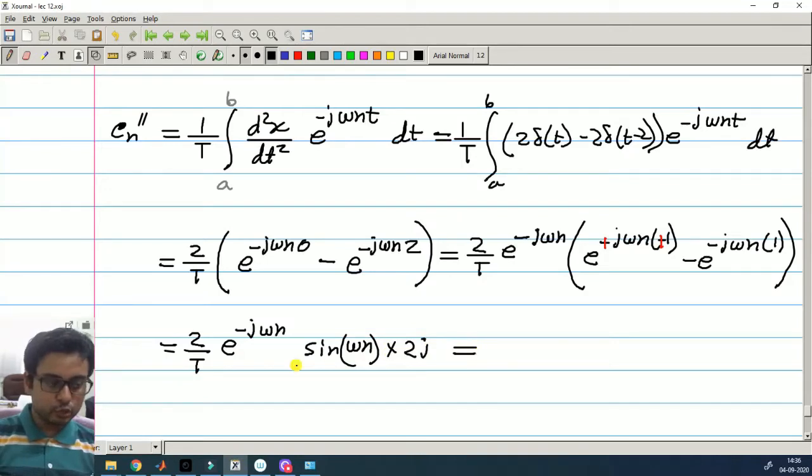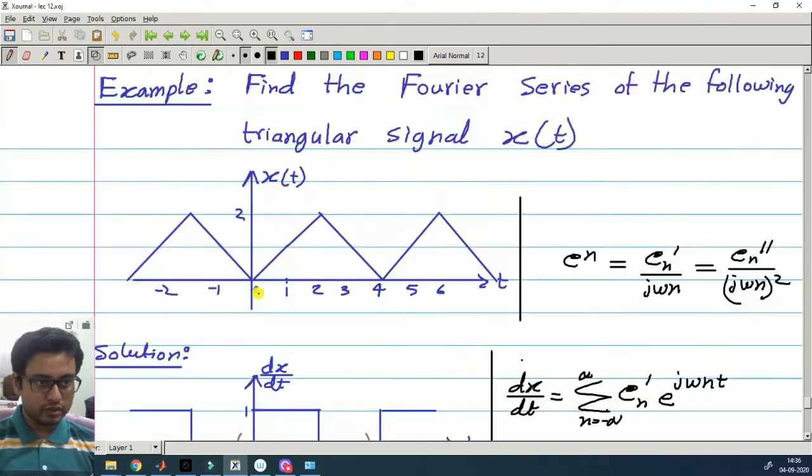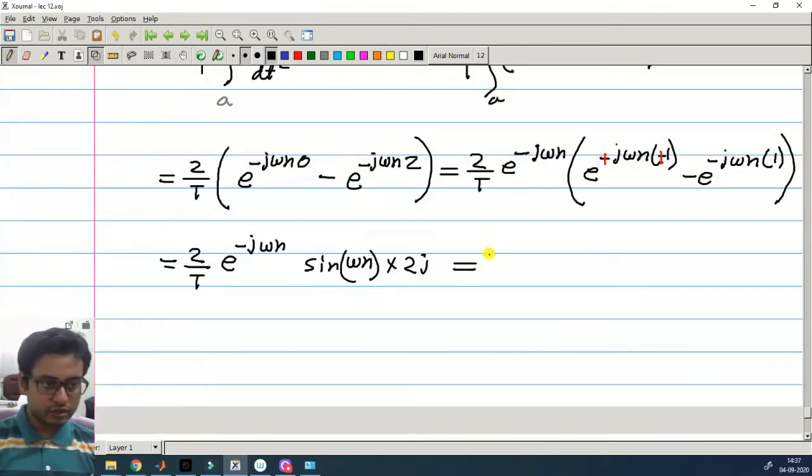Now let us put the values of T and omega. So here you can see the time period is 4. T is equal to 4 and omega will be 2 pi by 4, that is pi by 2. So let us put the values.